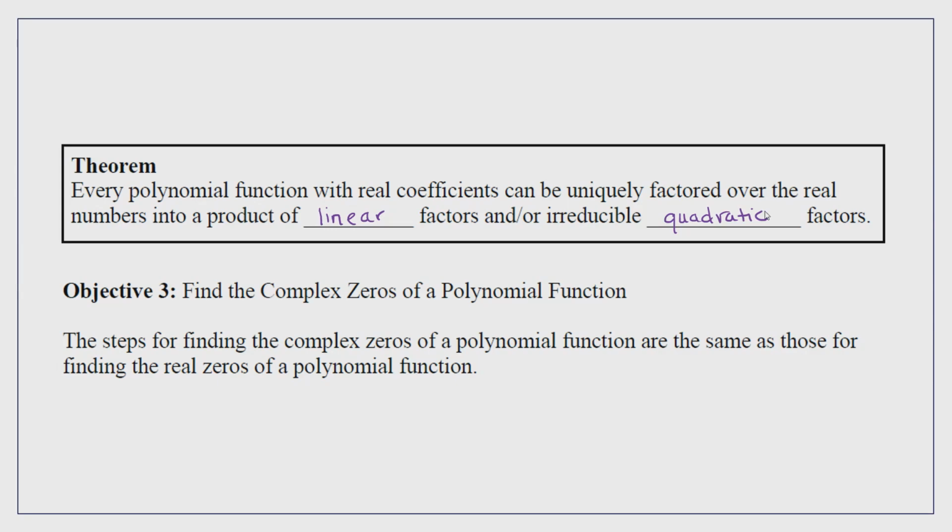Okay. So that's something to keep in mind when you are given a polynomial function and you now want to find its complex zeros, which is exactly what we're doing in Objective 3. Find the complex zeros of a polynomial function. So the steps for finding the complex zeros of a polynomial function are the same as those for finding the real zeros.